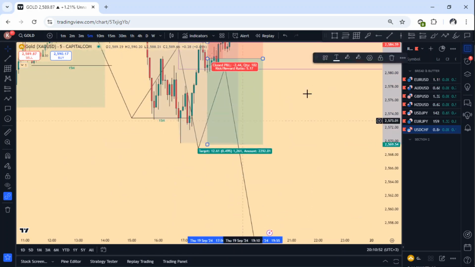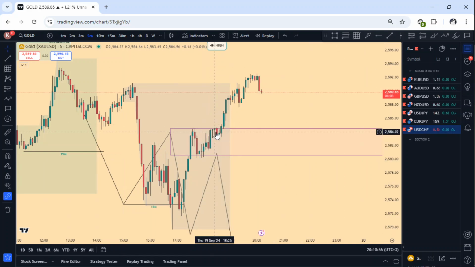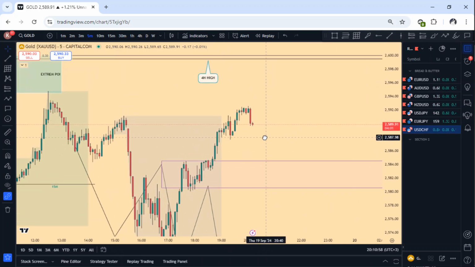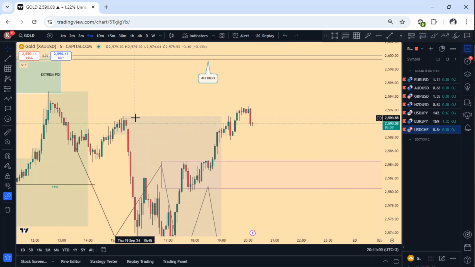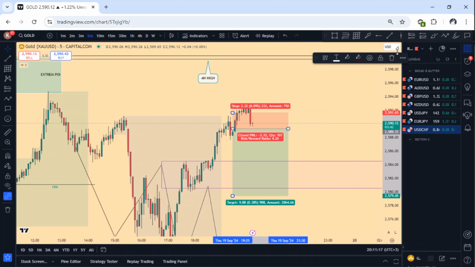Stopped me out. So that is so bad. No even movement. Now again, it came to this point. This is the extreme zone, though there are structural liquidity here. Then gave scope, gave entry, and have a bigger stop loss. Stopped me out. So it is like you're making liquidity for the buyers.